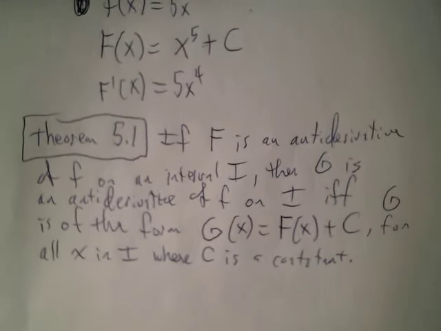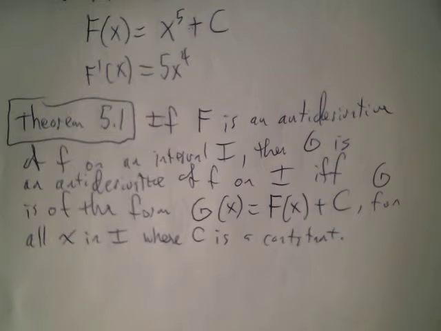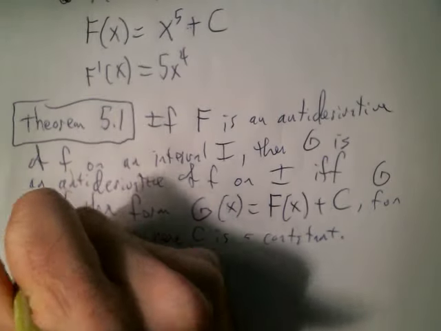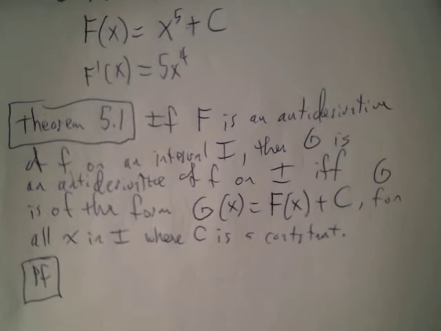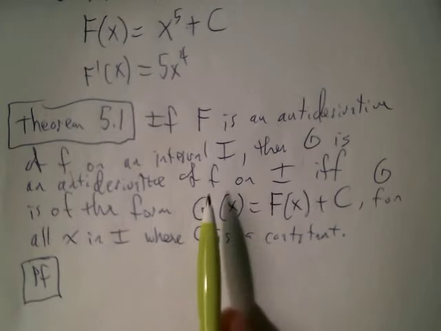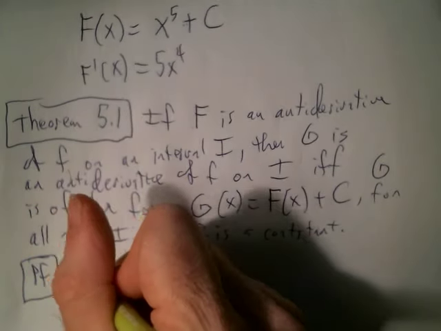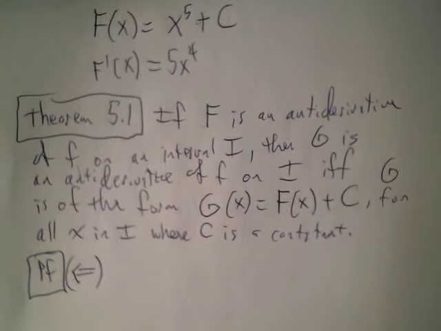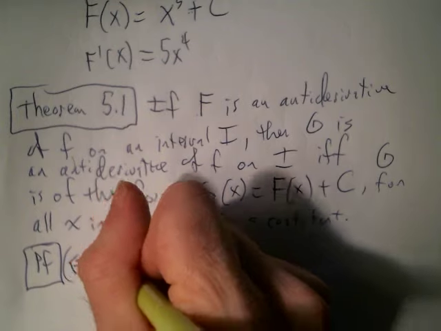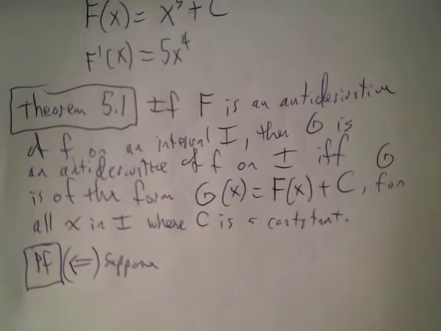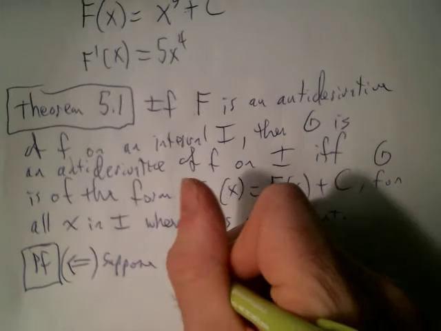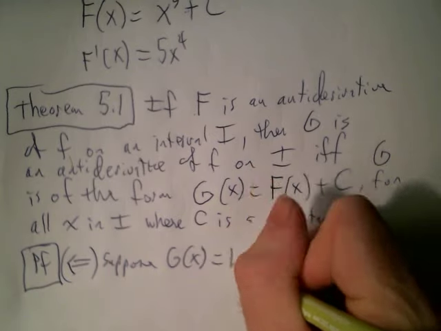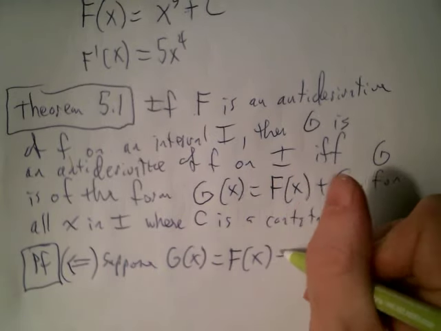Okay. So we want to prove this. There's two directions for the proof. Going from the final statement to the original statement is the easiest. Okay, so this direction is the easiest. So we suppose g of x equals big F of x plus c.